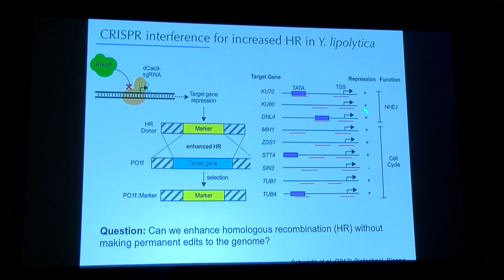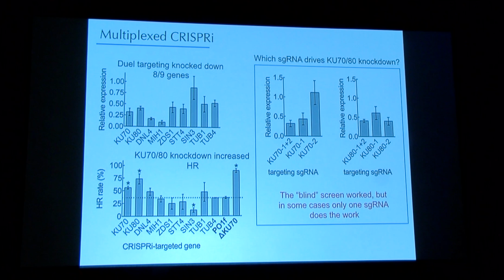This blind screen allowed us to knock down 8 of these 9 with reasonable efficiency, and as the data shown here, we got at least 50% knockdown of each of these genes, and in only one case did it not really work very well, so this is pretty promising. Our blind screen worked: you could take 2 sgRNAs, regardless of their efficiency, target them to the transcriptional start site and to the TATA box, and at least on your first pass get pretty good suppression or repression of that gene.